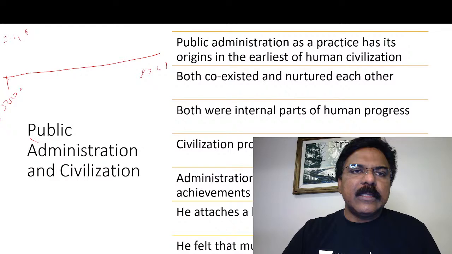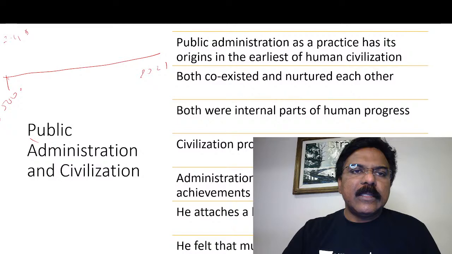Public administration as a science, as a discipline, and public administration as an activity or an institution. So public administration as an activity or an institution, etc., has been there for time immemorial. Both coexisted and nurtured each other.